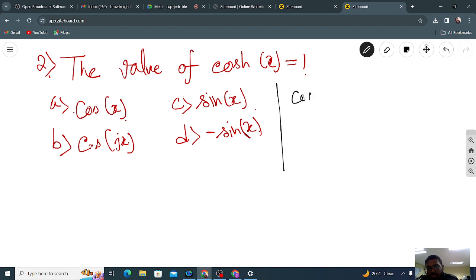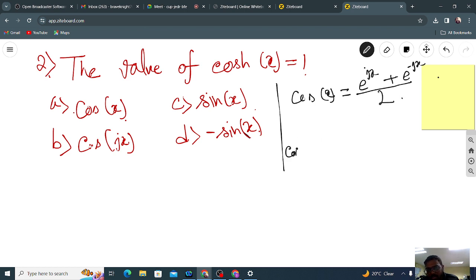Cos of x, from Euler's formula, we can write it as e to the power jx plus e to the power minus jx by 2.